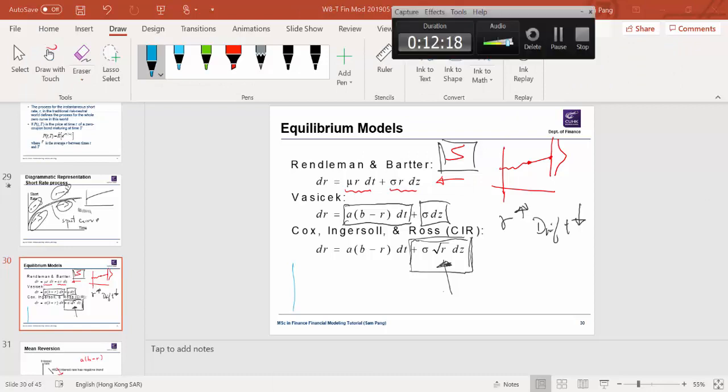So when you are using this approach, what you're doing is you're asking yourself, okay, if this is a spot rate right now, and it doesn't matter whether I'm modeling the 1 day interest rate or the 1 hour interest rate, how is this likely to change over time from now until, you know, 2049 or whatever.